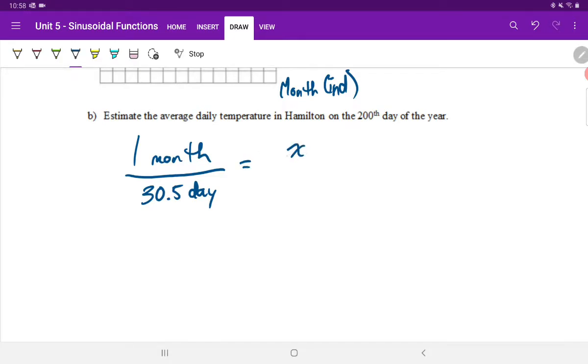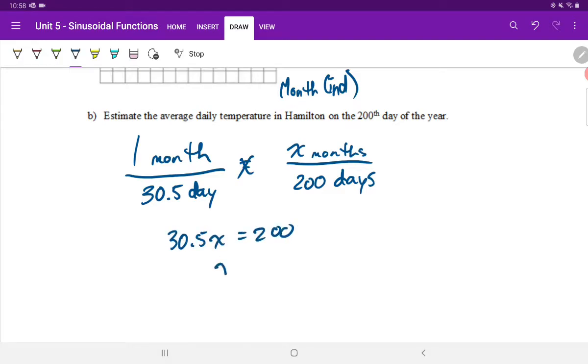Well, I want to figure out how many months 200 days is. Notice I line up my months in the numerators and my days in the denominators. Cross multiply. Divide 200 by 30.5 and you get 6.6.